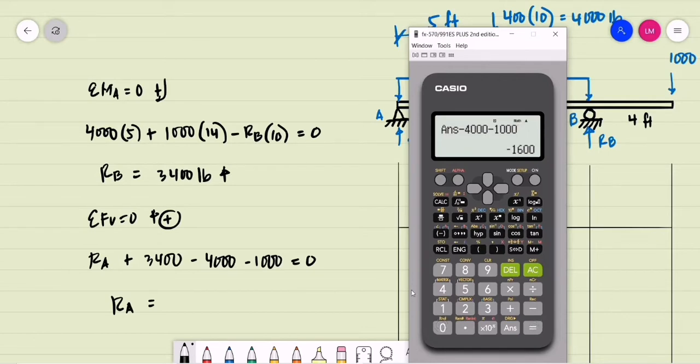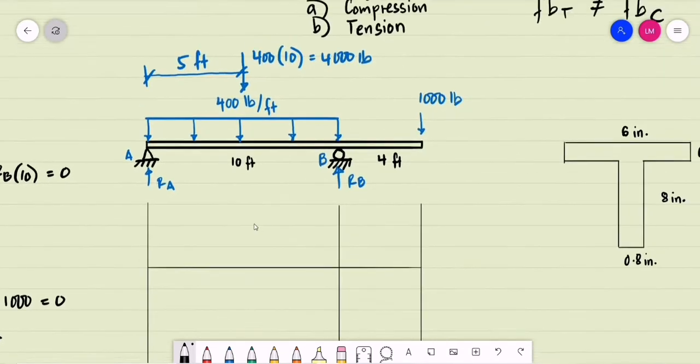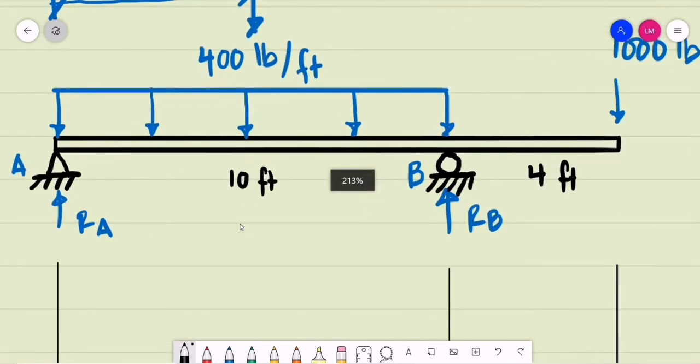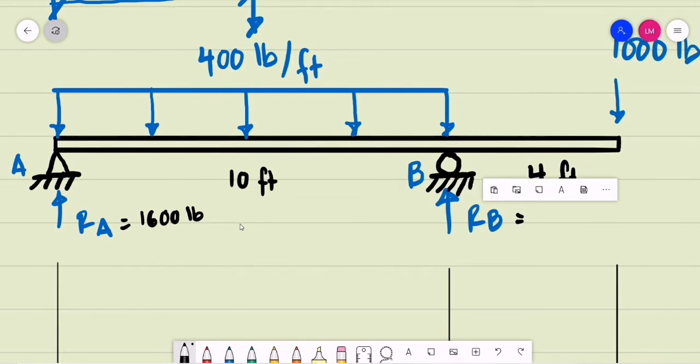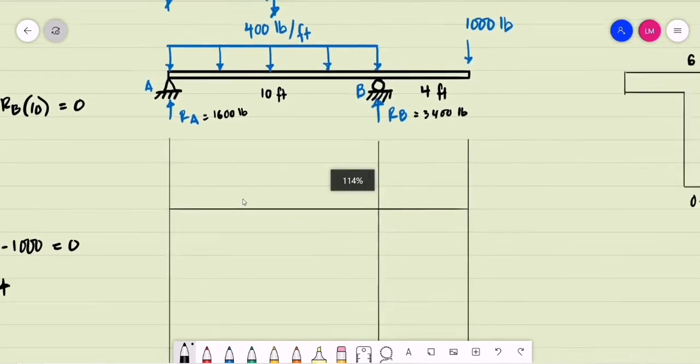So we have 1,600 pounds, also upward. So we now have the support reactions: R_A is 1,600 pounds and R_B is 3,400 pounds. We may now draw the detailed shear diagram.